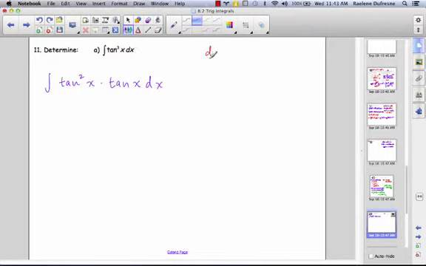So at this point, I might just write down the derivative of tangent of x, so I know what I need to get in the expression. I might also write down my trig identity to see if this is helpful. Hey, it turns out that the derivative of tangent of x is equal to tan squared x plus 1. Oh, I didn't really think of it that way before.